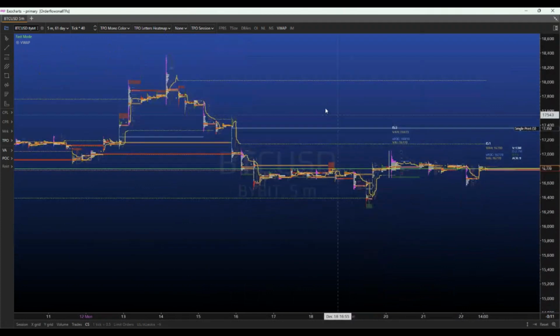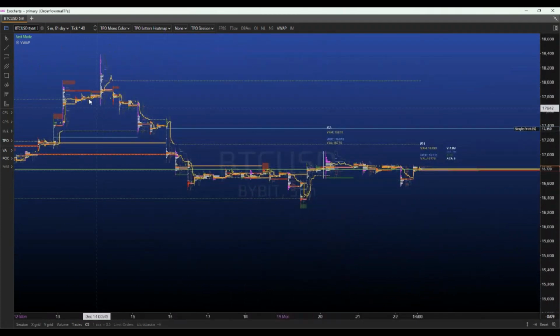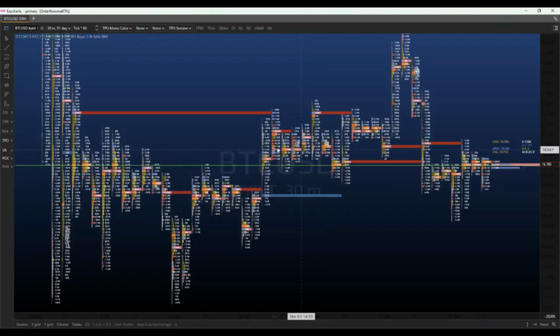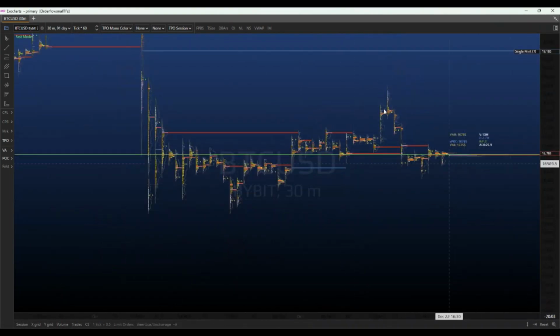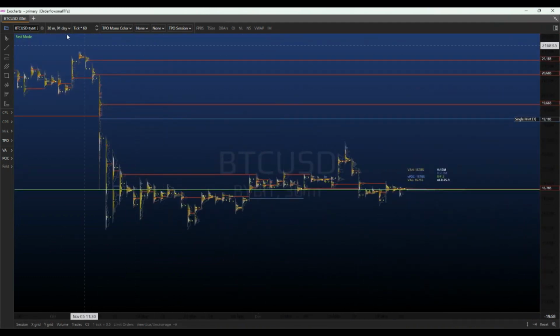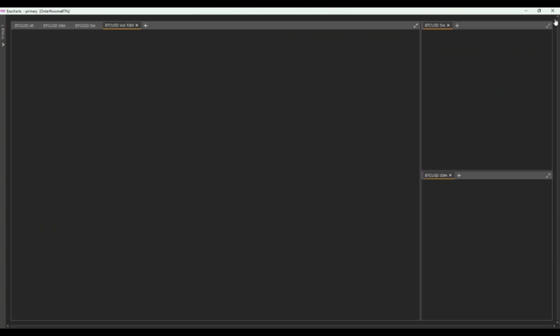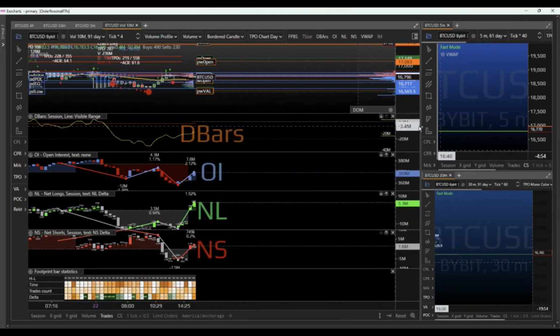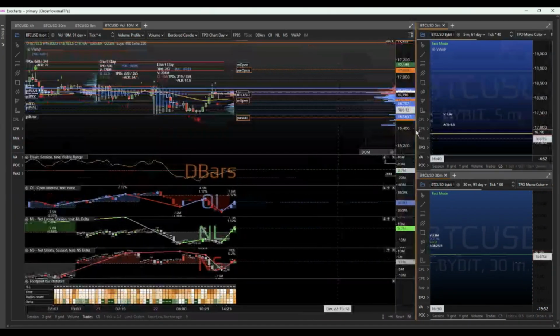How I use the session point of controls for scalp trading. Naked point of controls, how I use those for planning swing trades, day trades, just stuff like that. Just hit me up in the Discord, and I will do my best to help you out and share everything that I know with you.